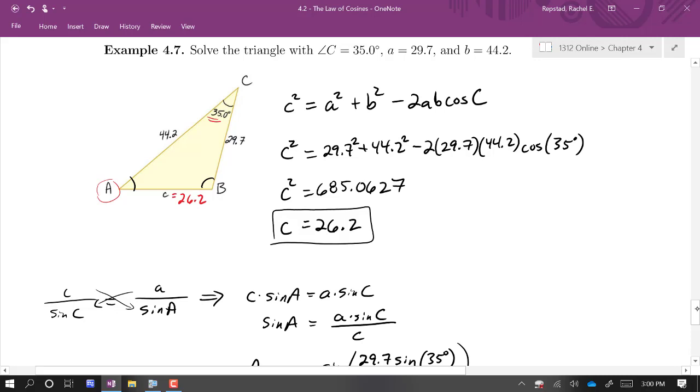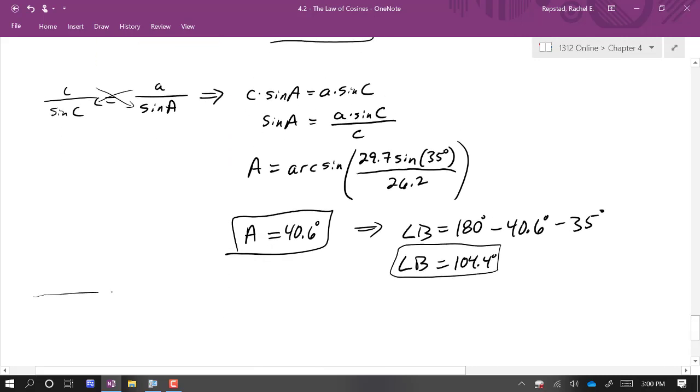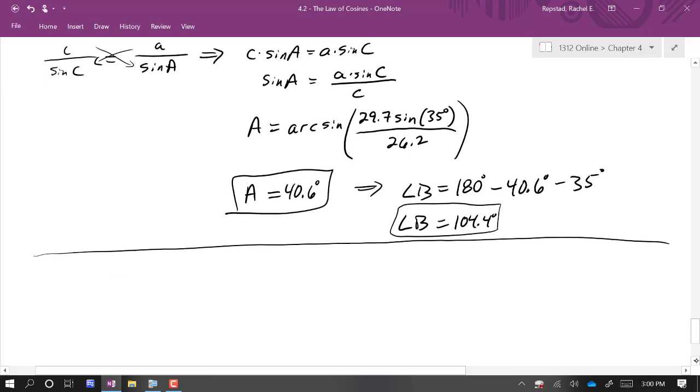This example is done, but let's say we went a different route after we found side c, and we decided to find angle B using law of cosines. That will work. If you try to find angle B using law of sines, you're going to get the wrong angle.